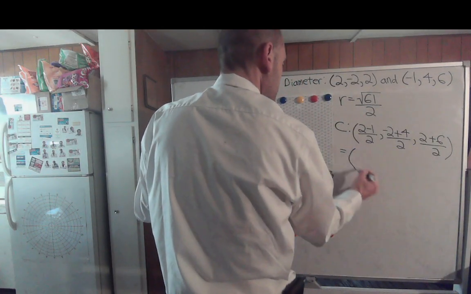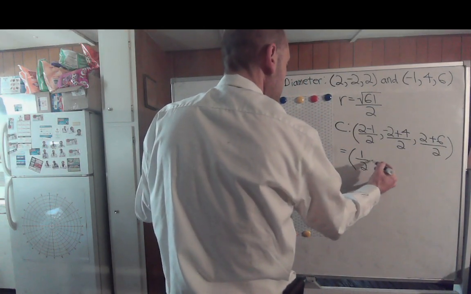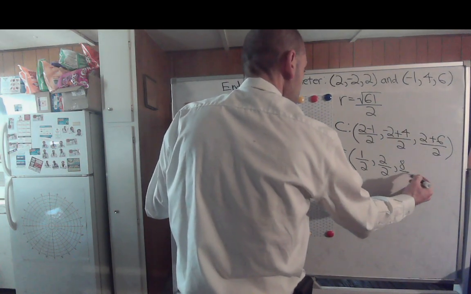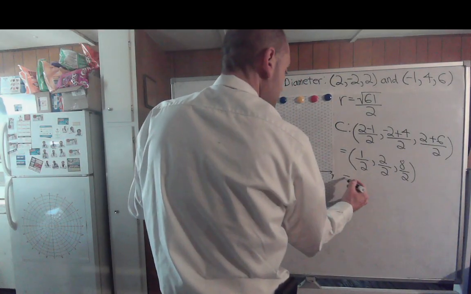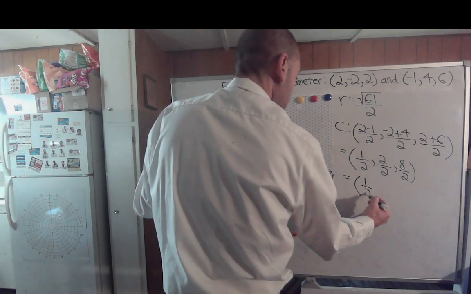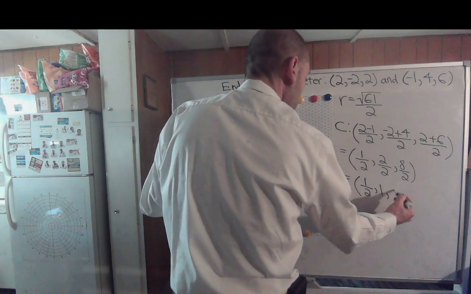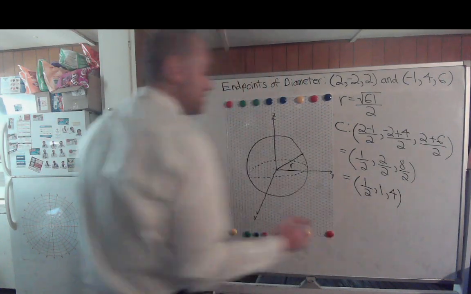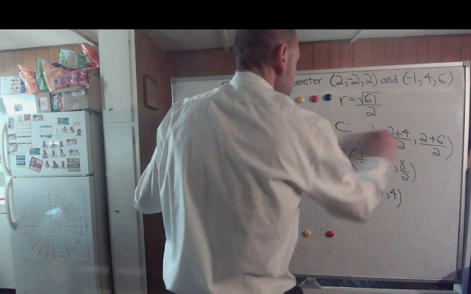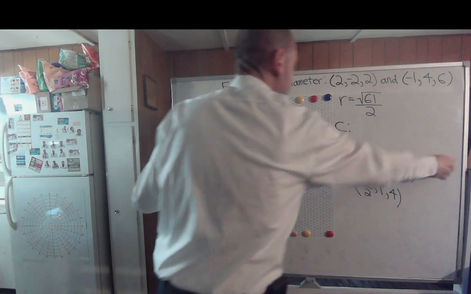So this would turn into 1/2, 2/2, 8/2. So your center itself is going to be at the ordered triple 1/2, 1, and 4. So the center of this sphere is at 1/2, 1, and 4. So let me write that up here now since we found it.